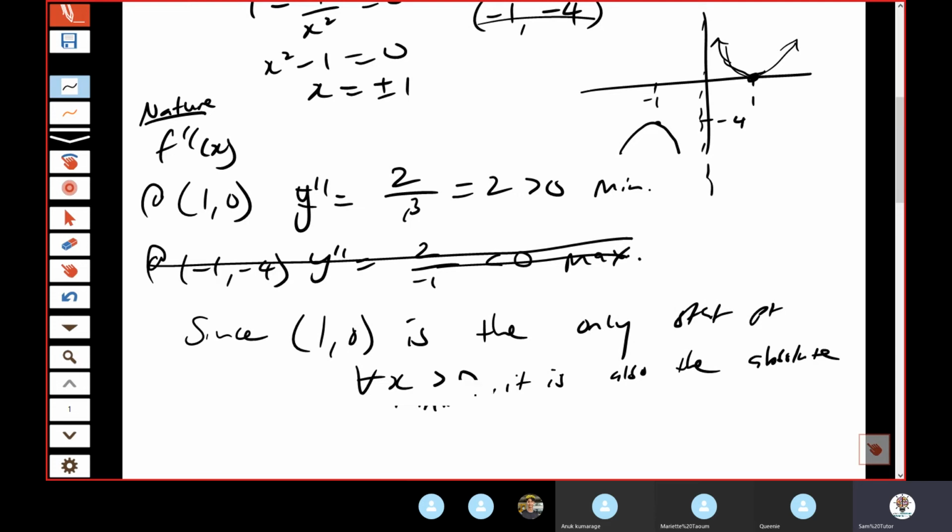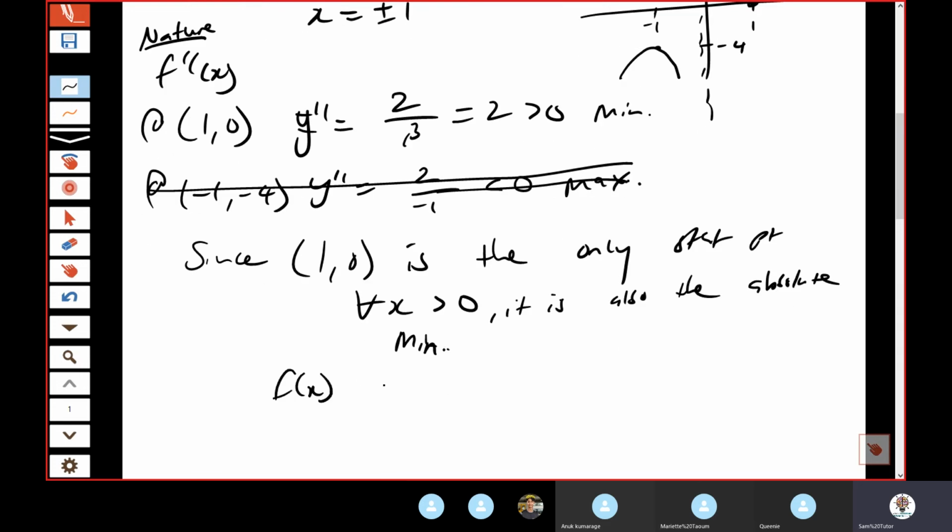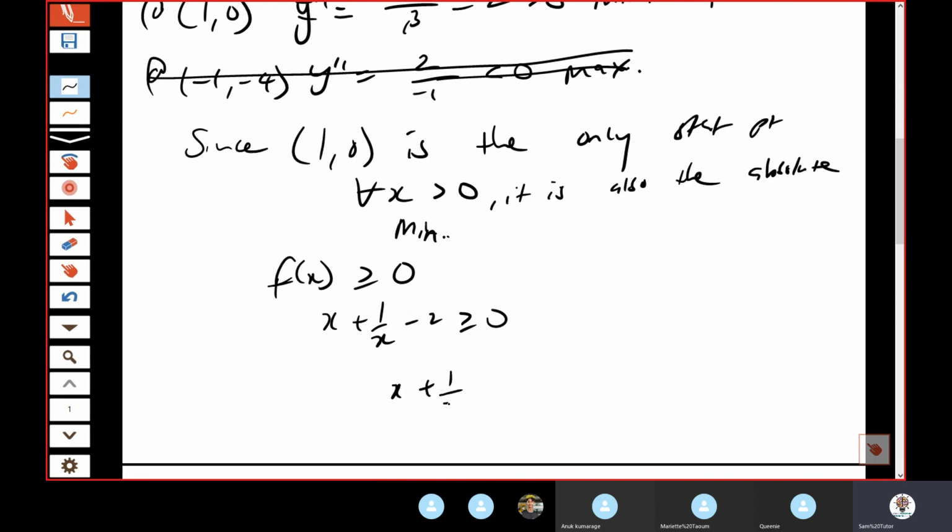And of course, from that you would say f of x would have to be greater or equal to 0. Everything else has to be above, and therefore x plus 1 on x minus 2 is greater or equal to 0. x plus 1 on x is greater or equal to 2 for all x greater than 0, not equal to 0 because x can't equal 0.